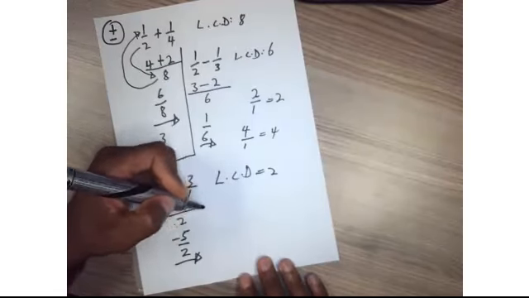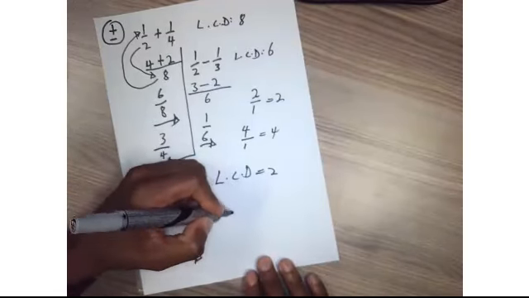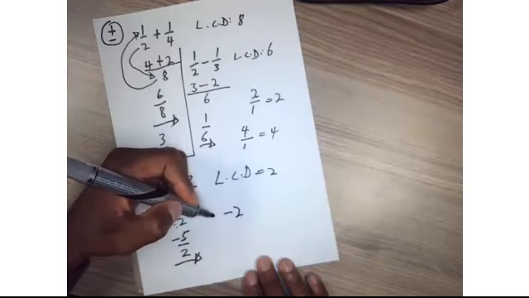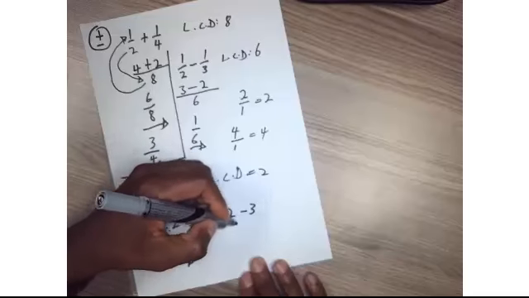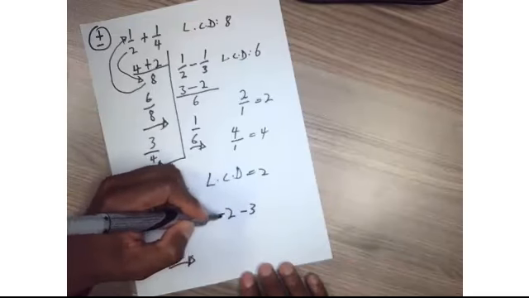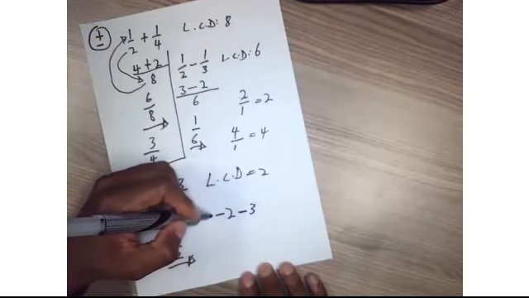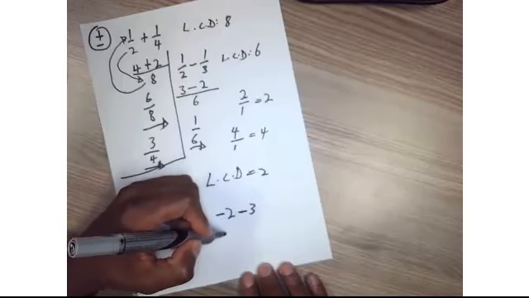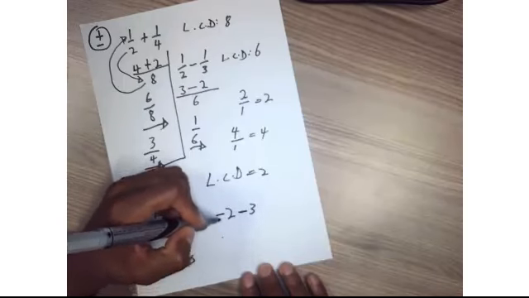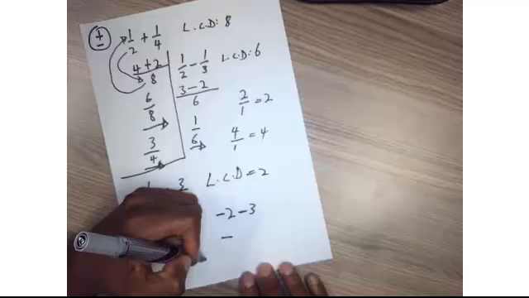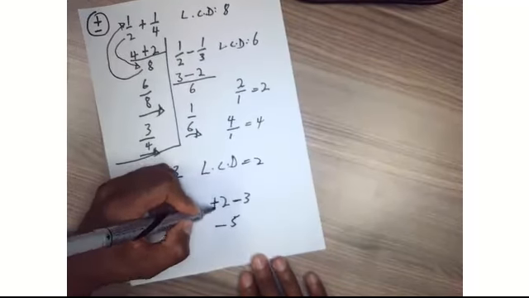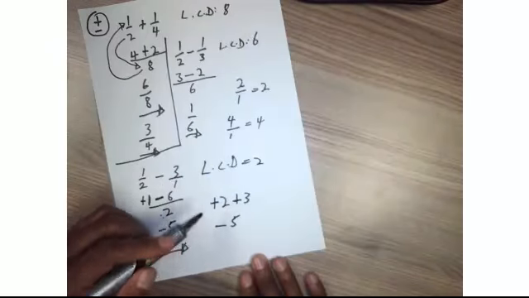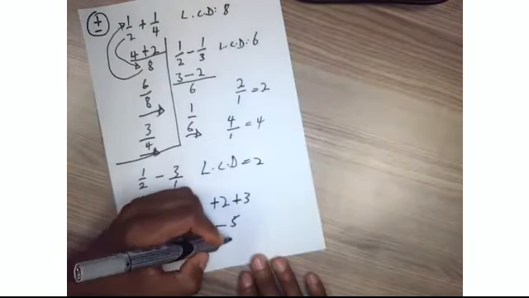So in a case where you have similar signs like minus 2 and minus 3, you are going to add them based on the fact that their signs are the same, right? So the sign is minus, and then you add. Similarly, if they were both positive, you just take one sign and you add them, right?